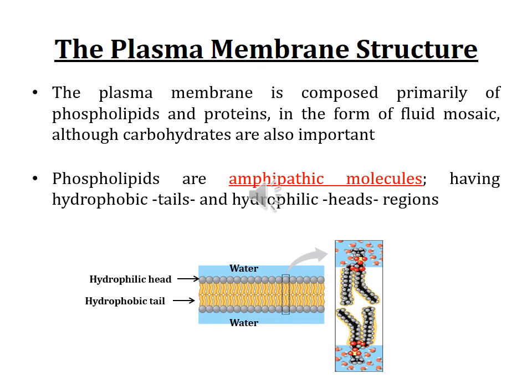When we say that the plasma membrane is a mosaic, we're talking about different kinds of proteins, as you will see in the next slide. Phospholipids are amphipathic molecules. Amphi in English means both. Pathic means condition. So it has two conditions.